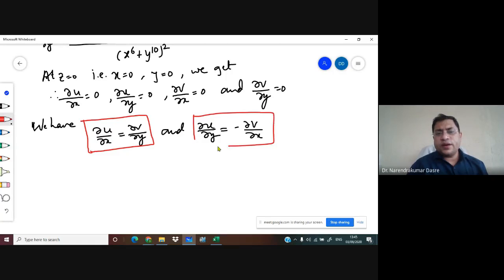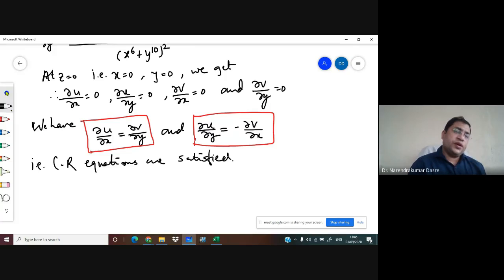So this way we are able to get the CR equations. So we got the CR equations satisfied.